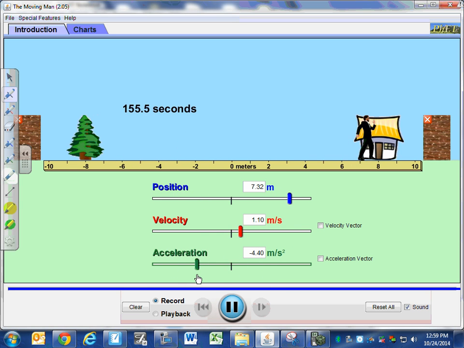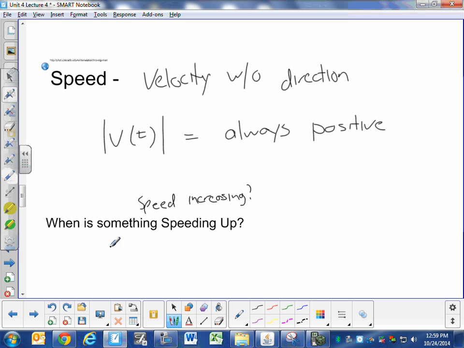Mr. Glubke, what did you say? Exactly. When acceleration and velocity have the same signs, we are speeding up. We could be speeding up in the positive direction, or in the negative direction, and that's the key. When is something speeding up?